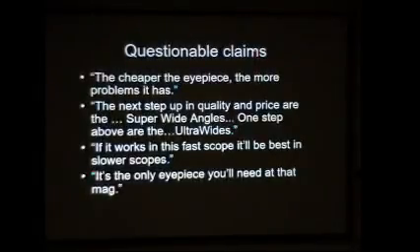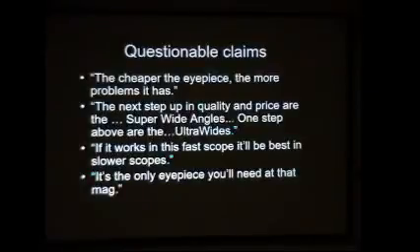Here are a few claims to just round up what these eyepieces are all about. A lot of people have this issue saying the cheaper the eyepiece, the more problems it has. But you can buy a lot of cheap Plossls and orthoscopics that are essentially perfect eyepieces for what they are. They aren't the widest of fields, but they're quite fine and adequate the way they sit.